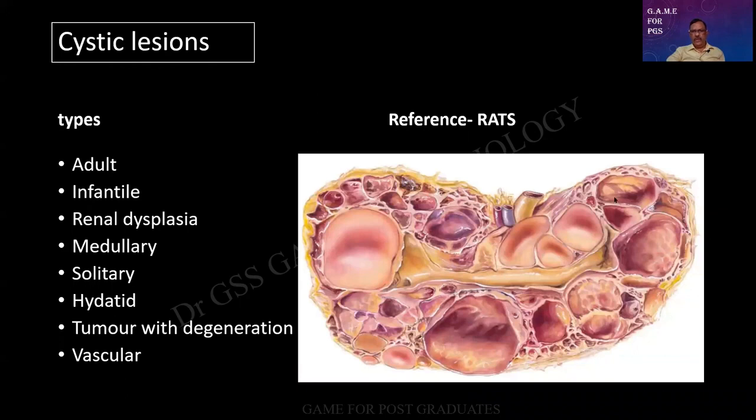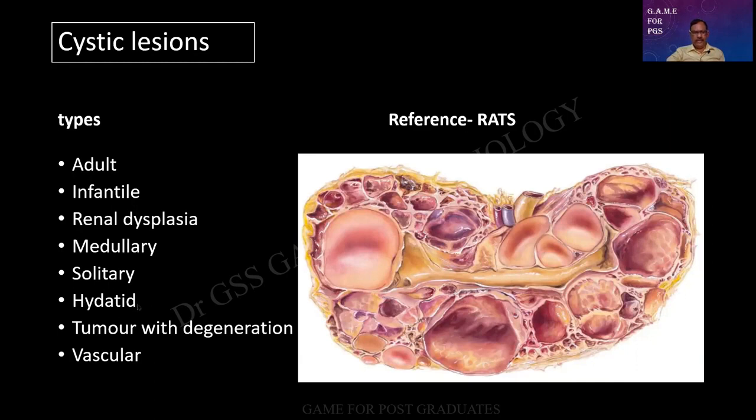Cystic diseases of the kidney. You may be given a specimen of polycystic kidney. It can be part of an assembled autopsy. But then they can ask you, what are all the various other cystic diseases? Kindly have the entire list. Robbins gives a beautiful tabular column. And you should be able to at least mention the different types. Do not forget that there can be parasitic cysts.